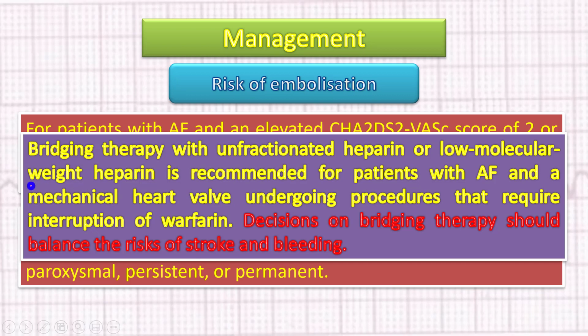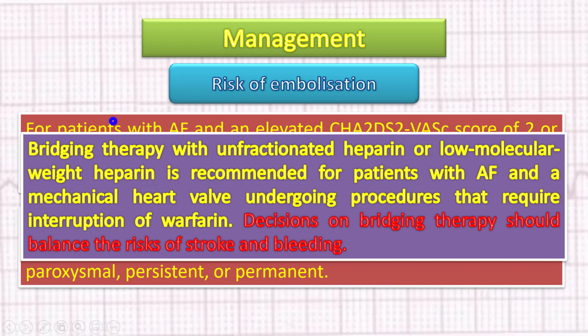Why? Because the risk of bleeding is higher than the risk of embolization if you stop the warfarin or the oral anticoagulant before the surgery. So the risk of thrombosis is minimal in comparison to the risk of bleeding.